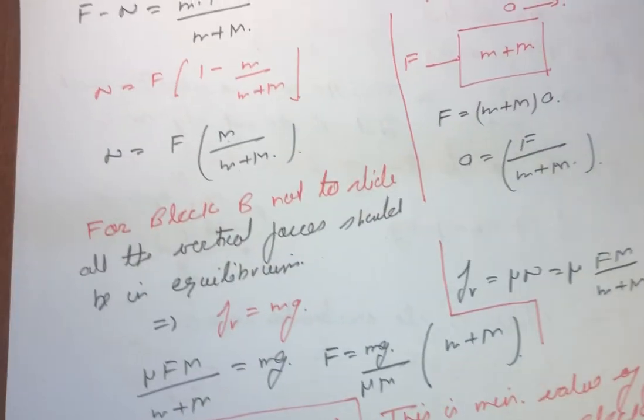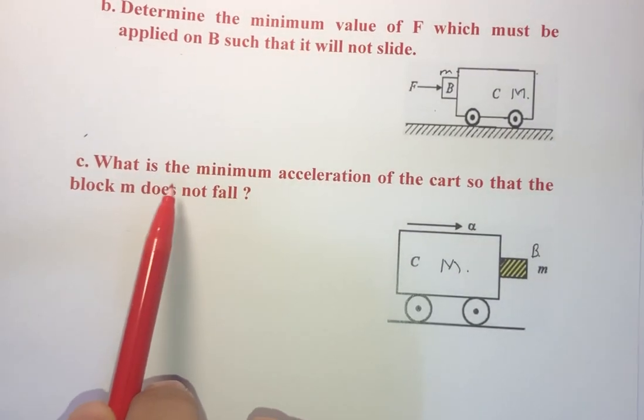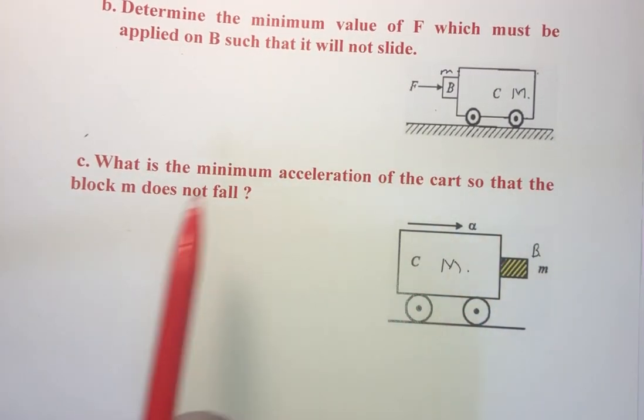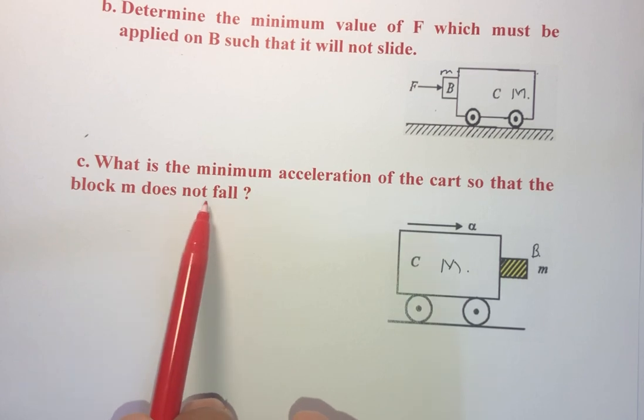And now we come to the C part. In the C part, what is the minimum acceleration of the cart so that block M does not fall?